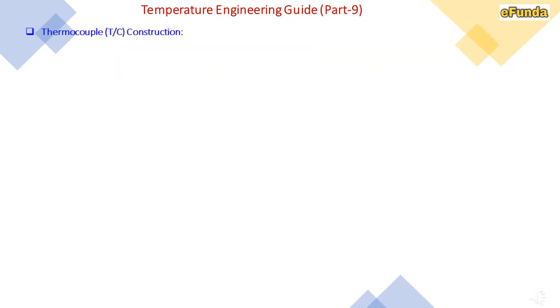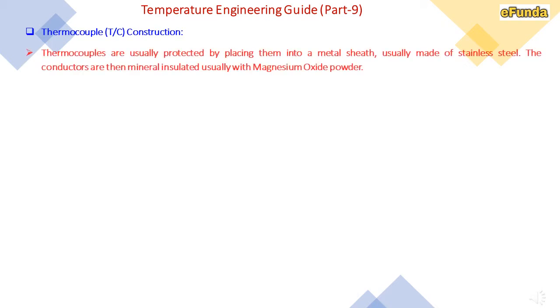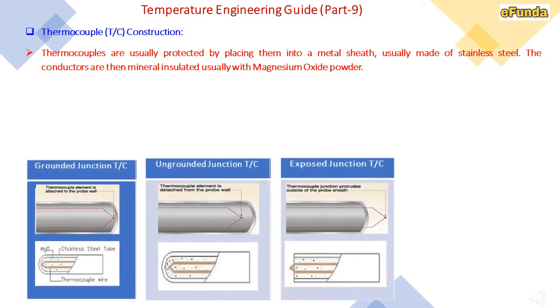Thermocouple construction. Thermocouples are usually protected by placing them into a metal sheath, usually made of stainless steel. The conductors are then mineral insulated, usually with magnesium oxide powder. One can see below there are various types of configuration: a grounded junction thermocouple, an ungrounded junction thermocouple, and an exposed junction thermocouple.